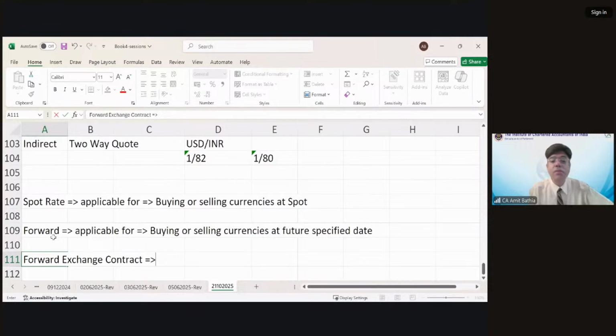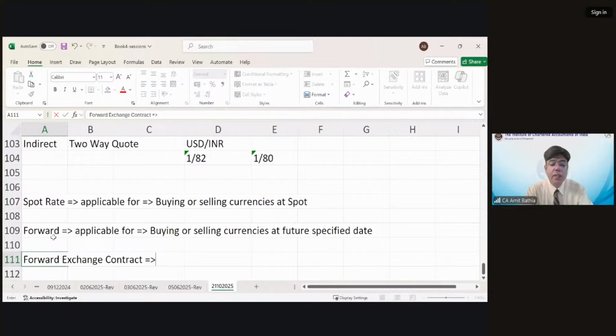USD has become very expensive, touching almost 88, 89. I want to avoid such uncertainties, like a tariff war or whatever comes in future. I don't want to take that extra risk on my obligation, so I want to know with certainty what my obligation is. So I enter into a forward exchange contract.